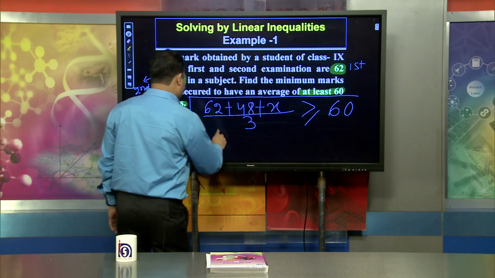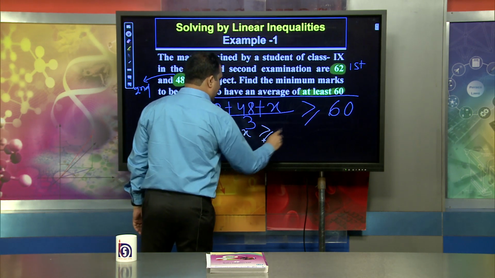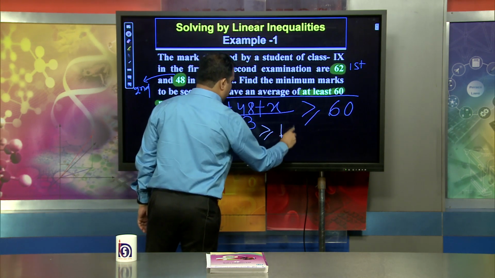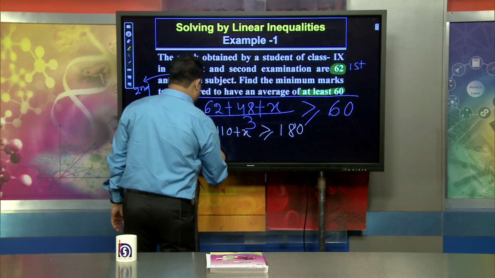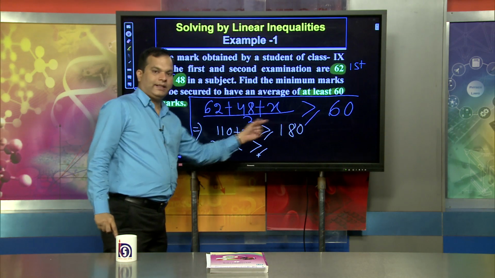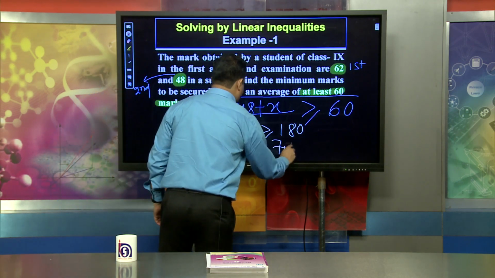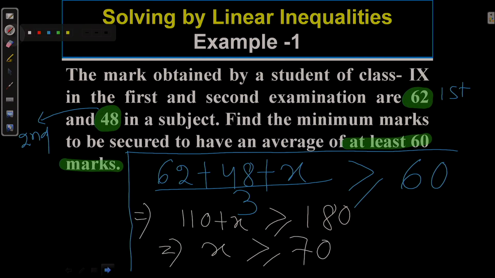That means 110 plus x is greater than or equal to 60 into 3, which is 180. So x is greater than or equal to 180 minus 110, that means 70. Or very simply, I can say, learners, that x must be greater than or equal to 70.